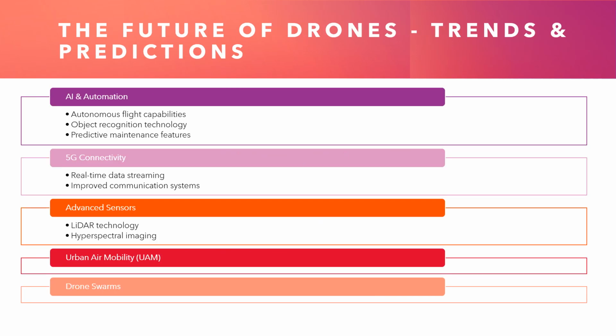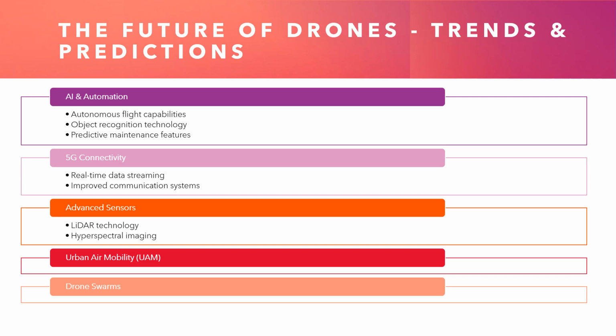The future of drone technology is incredibly bright. We are seeing advancements in artificial intelligence that will enable drones to fly autonomously and make intelligent decisions. 5G connectivity will allow for real-time data streaming and improved communication. Advanced sensors such as LiDAR and thermal cameras are expanding the capabilities of drones.